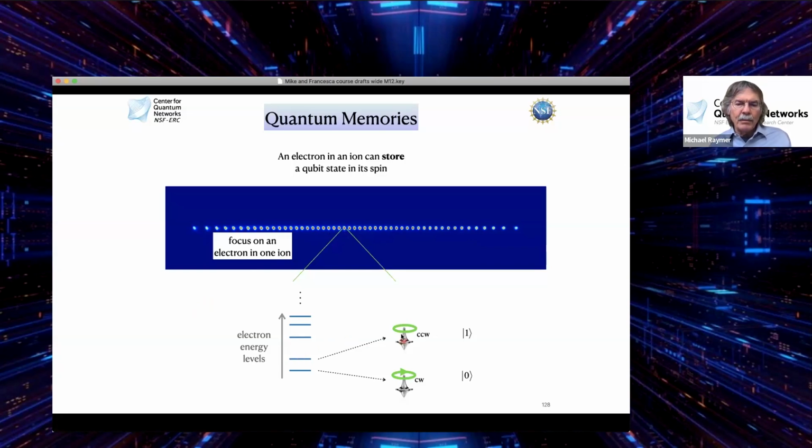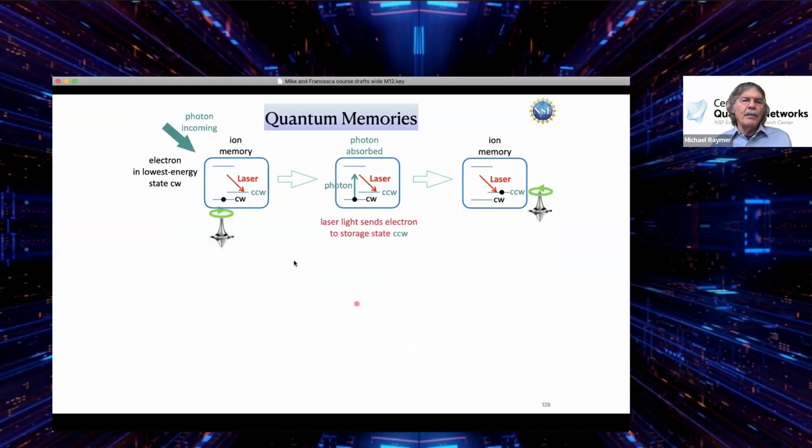And that electron can be spinning clockwise or counterclockwise with respect to the vertical axis. It turns out that those two spinning states have different energies. A very small difference of energy, but it's a measurable amount. So that's how we distinguish them. And again, we encode a 0 into the clockwise and a 1 into the counterclockwise. That's part of our protocol.